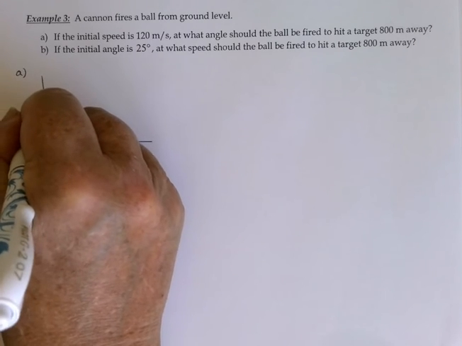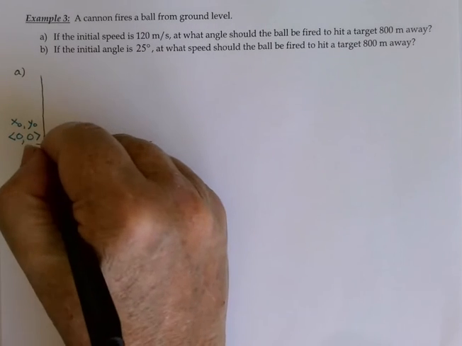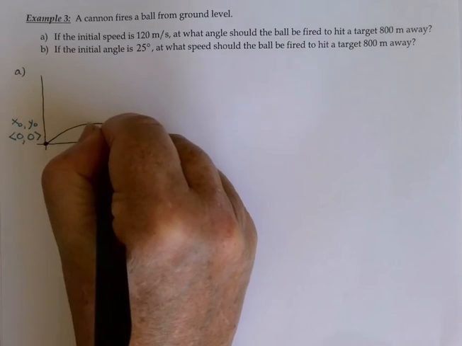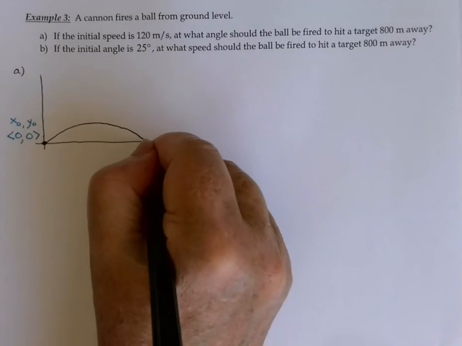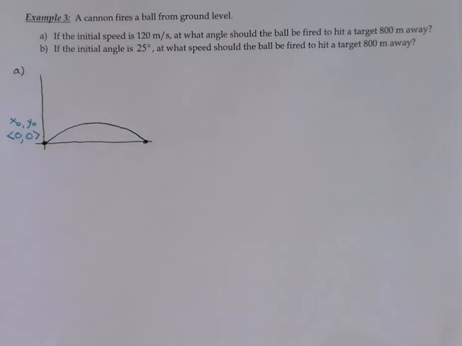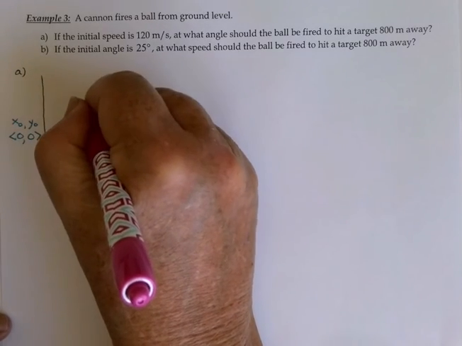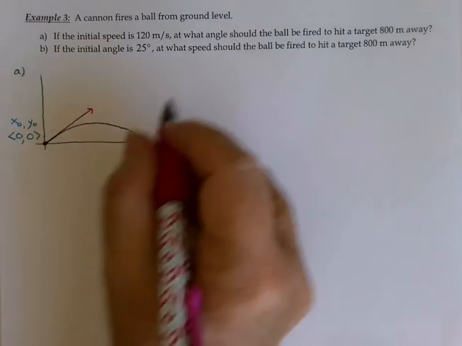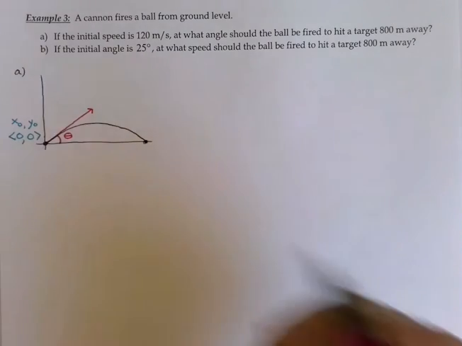X naught, Y naught. Cannonball goes up and down. And here's my initial velocity vector. Now I don't know the angle, so let's just call this theta.